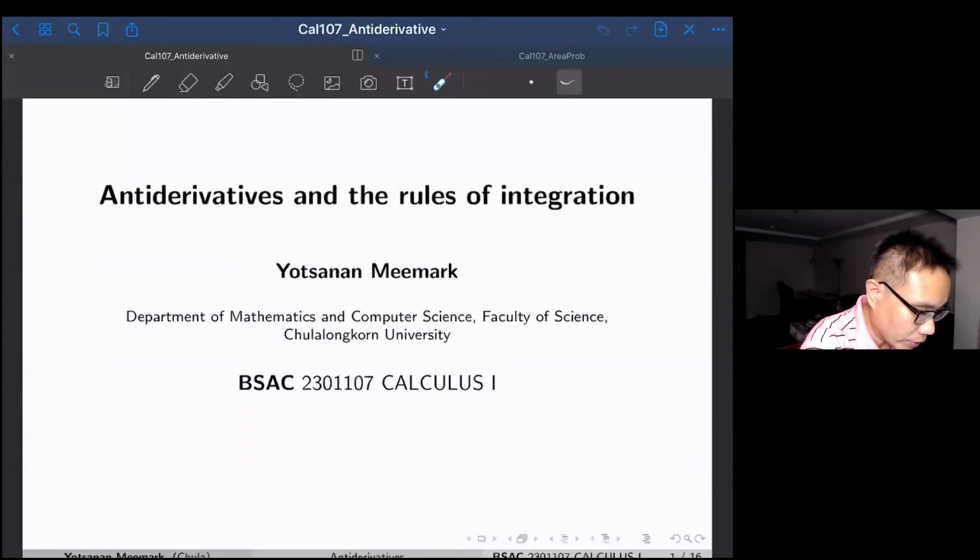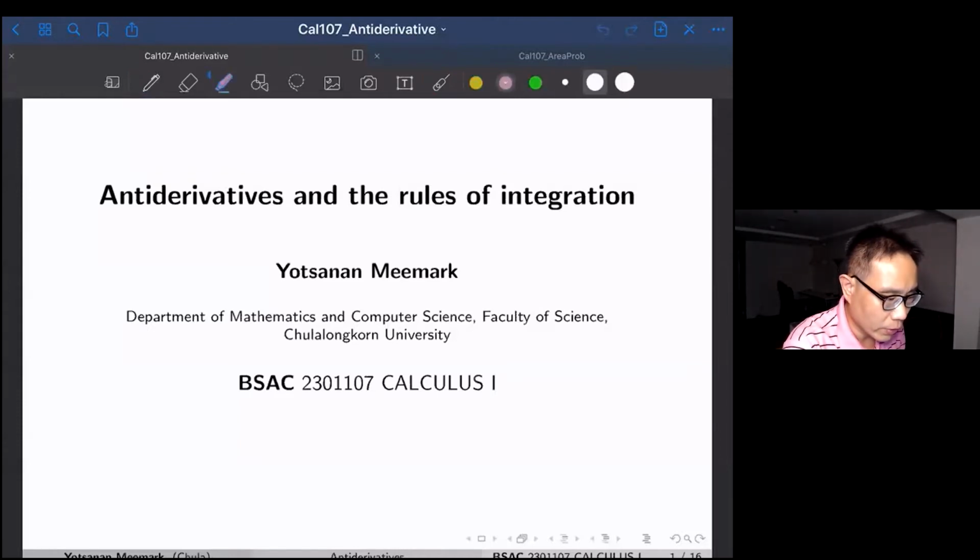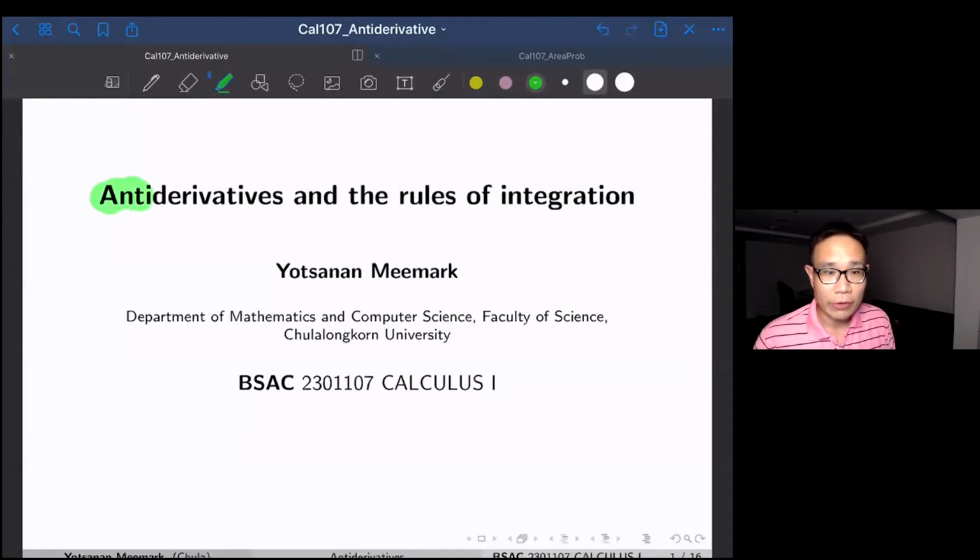So this is going to be kind of an opposite of the derivative. We call this thing antiderivative. You have the prefix anti in order to indicate that it's the procedure that is the opposite of the derivative that we have been studying.